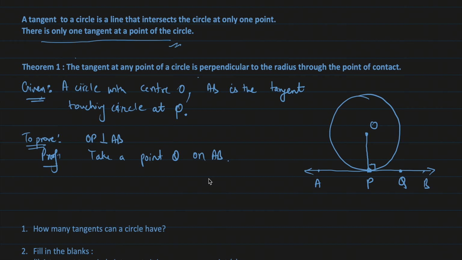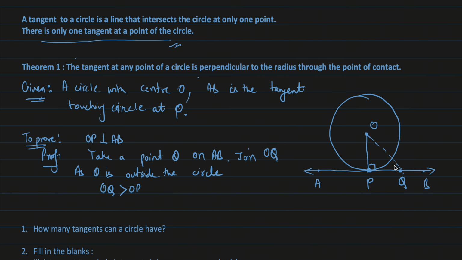Now as this Q is outside the circle, I can say that OQ is greater than OP. Can I say? Because if I join it, you have to join it also. Take a point Q on AB and join OQ.